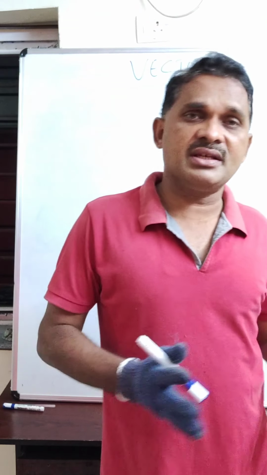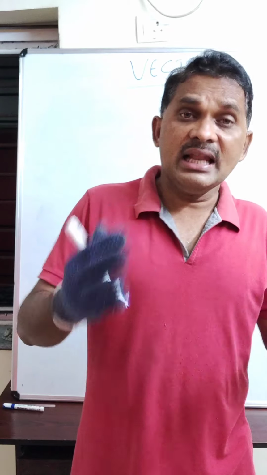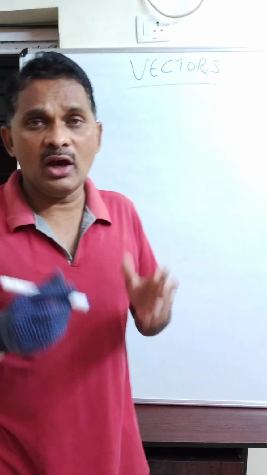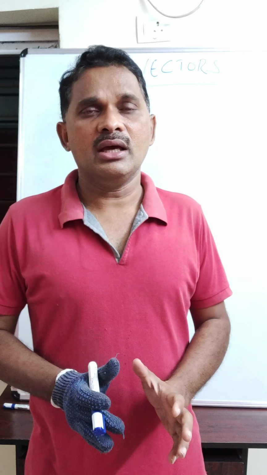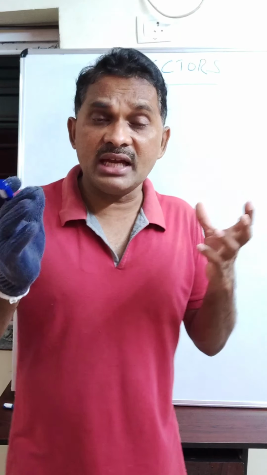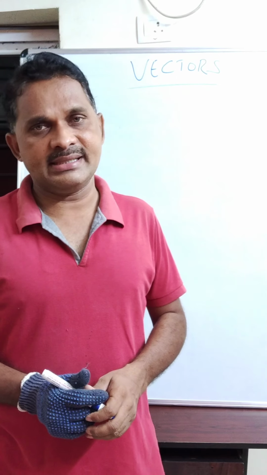What is a scalar physical quantity? Scalar physical quantities have only magnitude. There is no direction at all. If we consider only magnitude without direction, such physical quantities are called scalar physical quantities.